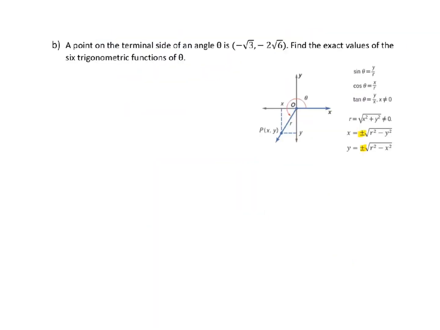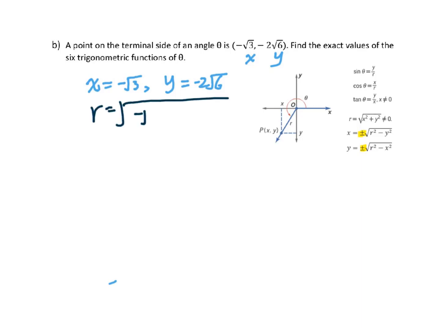Let's go to B. Still, we label x, here's y. So we got x equals negative square root of 3 and y equals -2 square root of 6. And r equals square root of (negative square root of 3) squared.